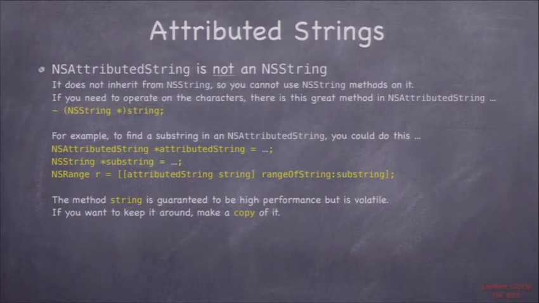You know whatever it returns is an NSString. But if you want to keep that thing around for more than just right there where you call it, make a copy of it. Then you have a copy of the NSString, and you can hold on to it. You almost never need to do that because you're almost always operating on the string right there in place, like this, rangeOfString. So that's string, a very important property of NSAttributedString.